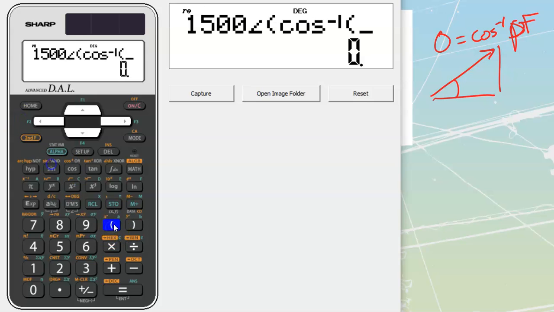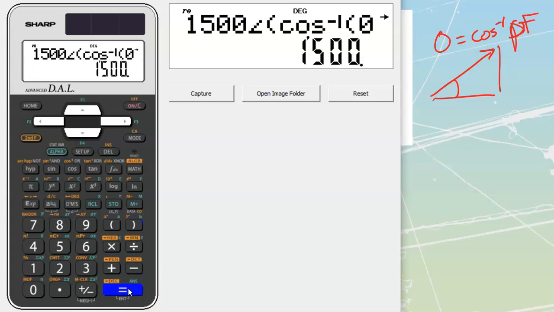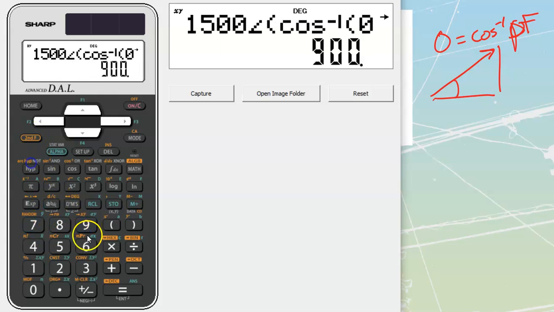I like putting on all my extra brackets, you guys know that at this point. 0.6, like that, which spits out a value of 1500, and if I do the comma over here, it tells me that it's going to be at 53.13 degrees. I'm not really concerned about that 53 degrees. What I want to do now is the conversion to my x and y.